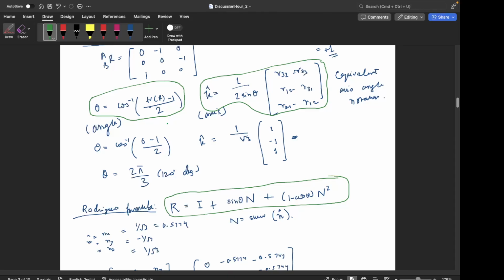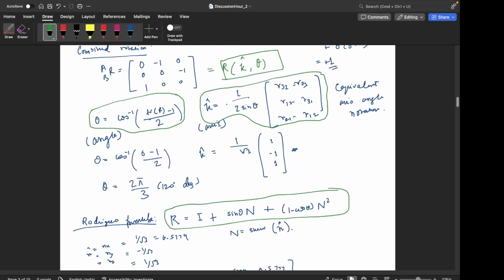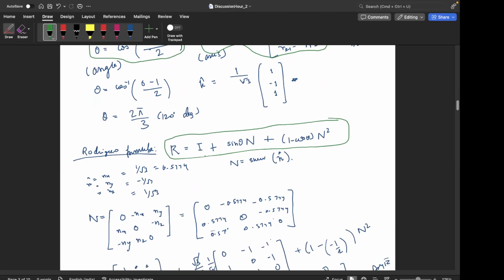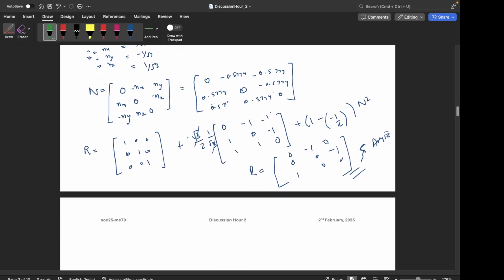So this rotation matrix can be represented as an equivalent rotation about this k axis by angle theta. So this is the axis angle representation. And we saw how to calculate that angle and that axis. And then once we know that angle and axis, we can use the Rodrigues formula to compute the rotation matrix, right?